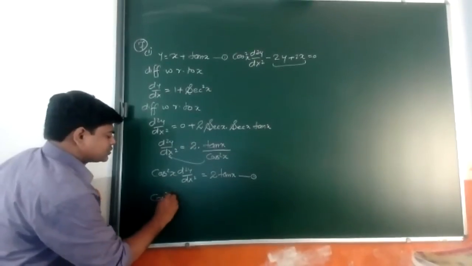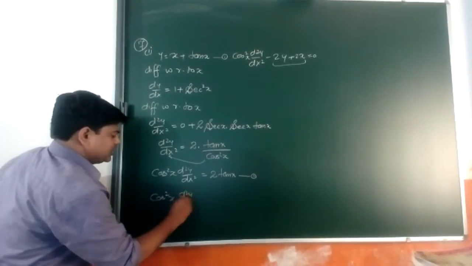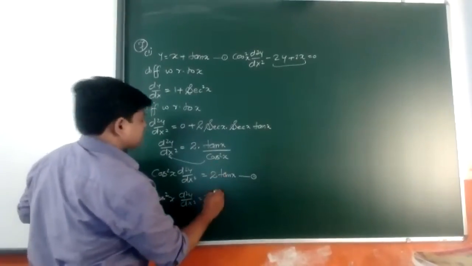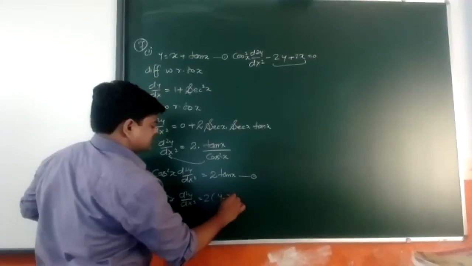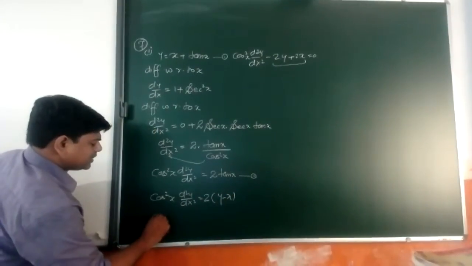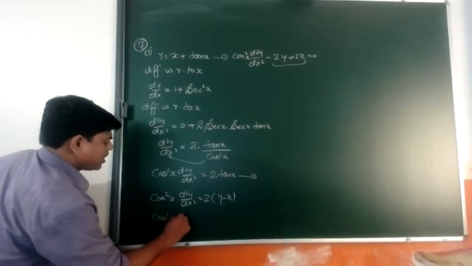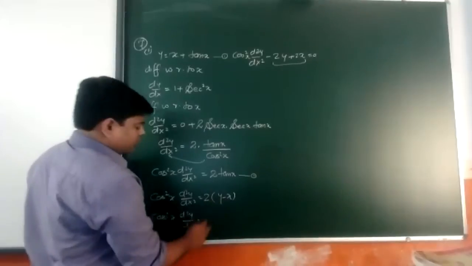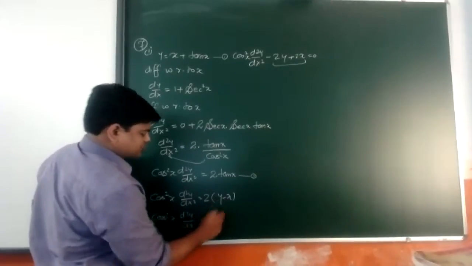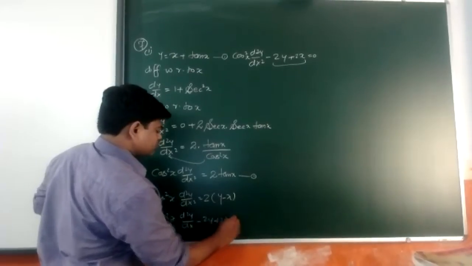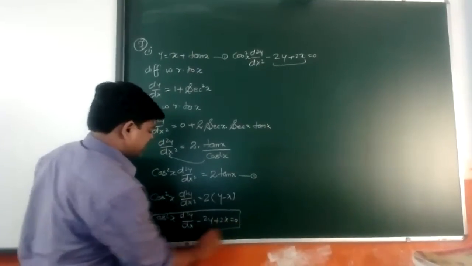So I'll get cos square x d2y by dx square is equal to 2 into y minus x, and then I'll simplify easily. Now you can see 2y minus 2x minus 2y plus 2x equals 0. Easily I can write and discover it.